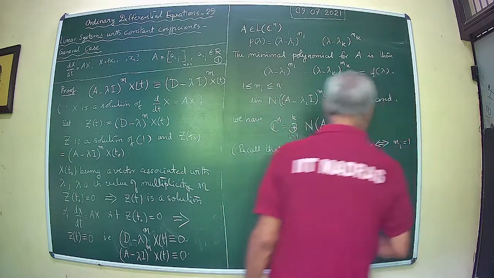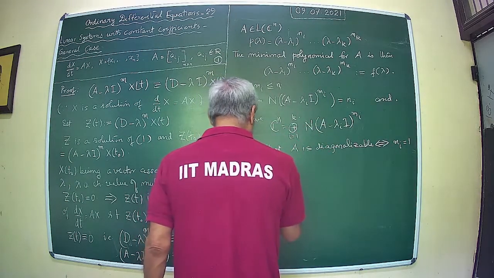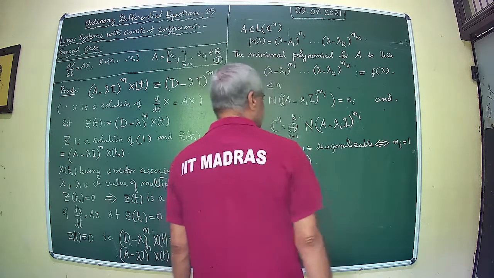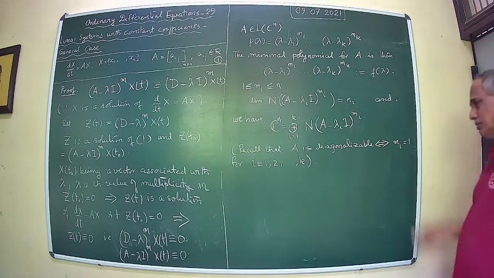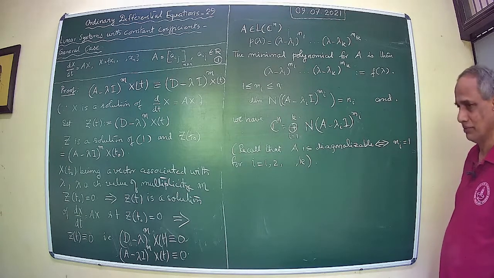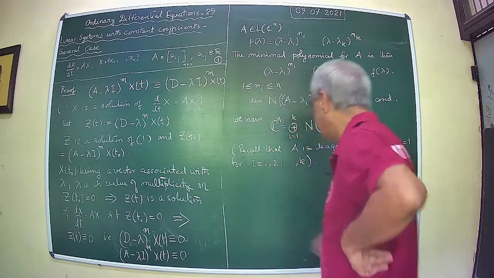Mi equal to 1 for all i, so that may not be true. If it is diagonalizable, then we know how to work with it. But if it is not diagonalizable, now this is the scenario that you have. Okay. Therefore, let us work on this now.